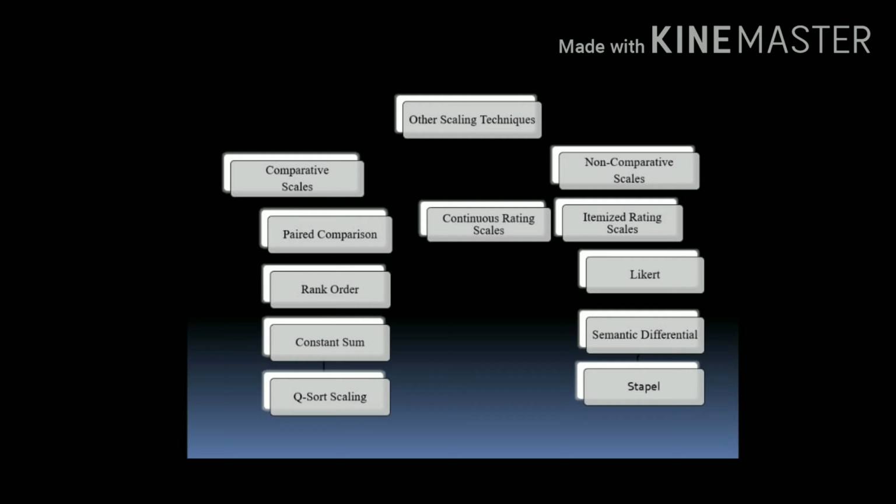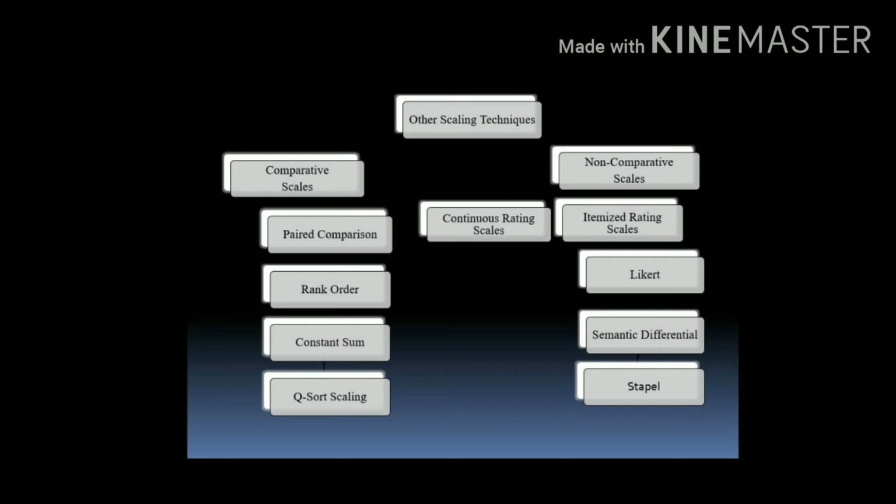Last, we have Q-sort scaling. Q-sort scaling is a technique used for sorting the most appropriate objects out of a large number of given variables. It emphasizes the ranking of the given objects in ascending and descending order to form similar piles based on specific attributes.